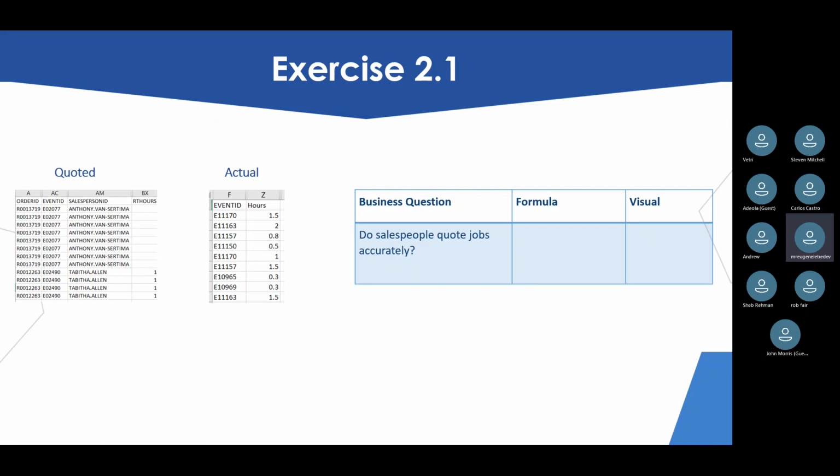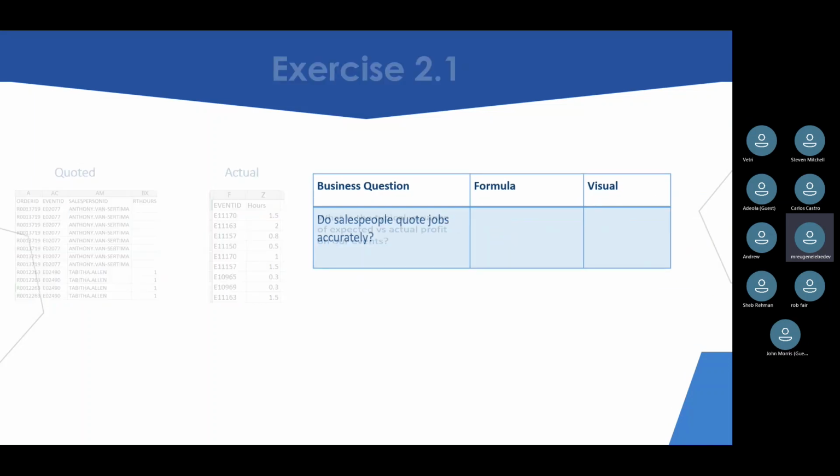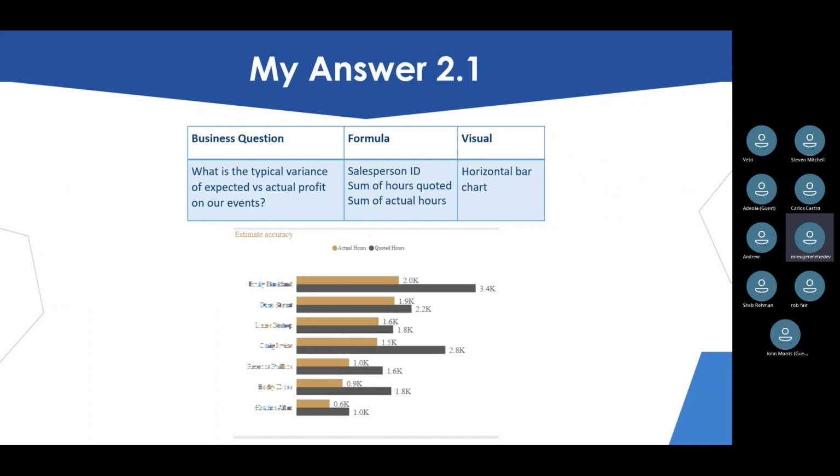Yeah, so the number of times that they quoted for a job and their average variance. Any other ideas? I just went with a simple data visualization here: the sum of quoted hours and the sum of actual hours by salesperson, showing the total hours quoted and total actual hours.